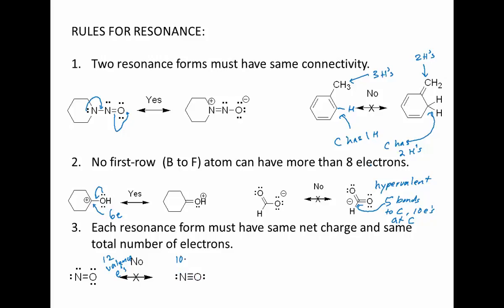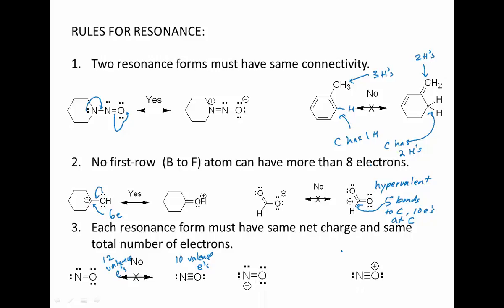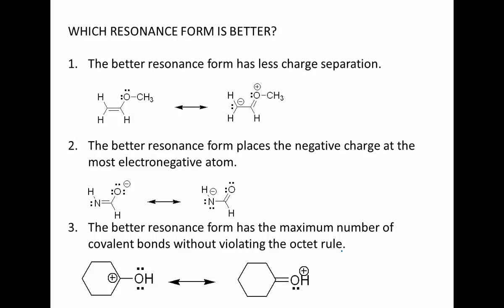Here there's only 10 valence electrons. When you do a formal charge calculation, this last problem is actually kind of easy. You see that one of them actually has a net negative charge and the other has a net positive charge. So this is another issue. Each resonance form has to have the same net charge and the same total number of electrons.